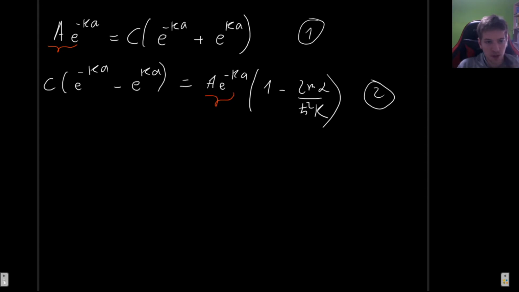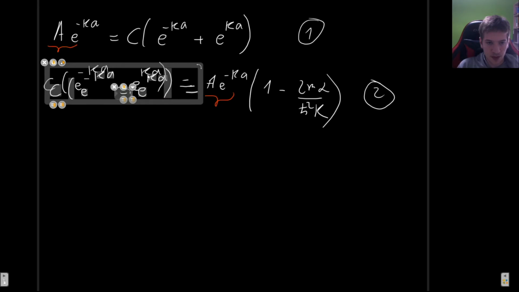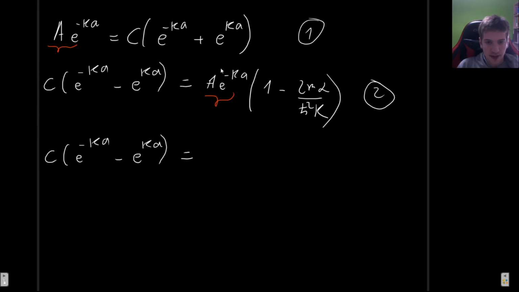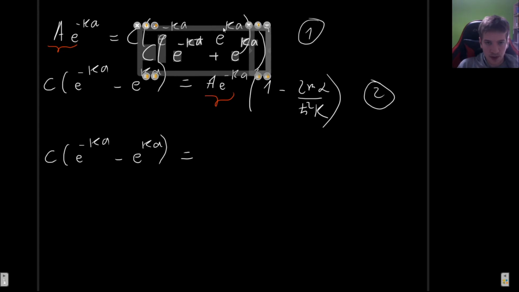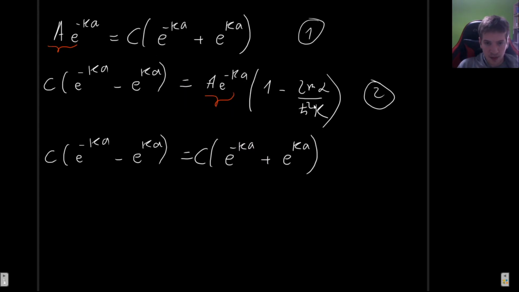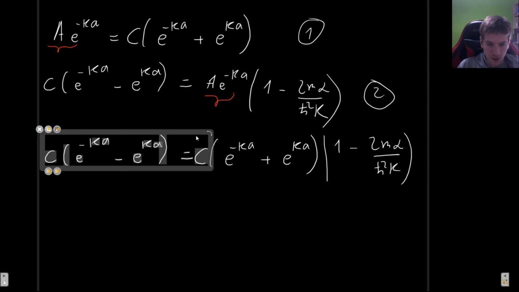So when we do that, what we get is, well, this left hand side is going to be exactly the same. And then we have to take this right here and multiply it by what we already had. I'm going to write it down because it's kind of a little bit slanted. So it's going to be 1 minus 2mα/(ħ²k). So now we can just multiply through.